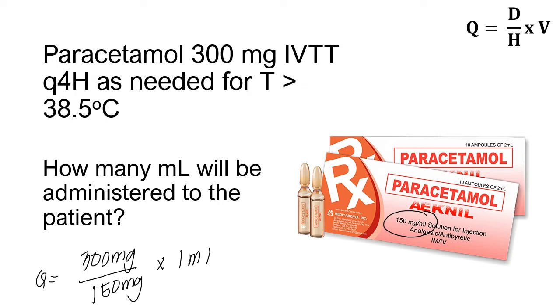If you pick up your calculators, that would give you a value of 2 ml. Which means that in this order, we should be giving 2 ml to our patient.